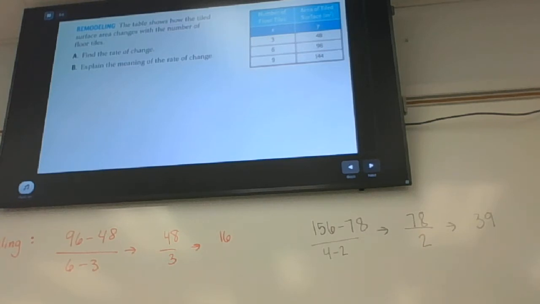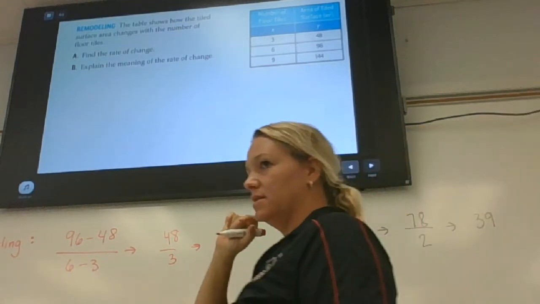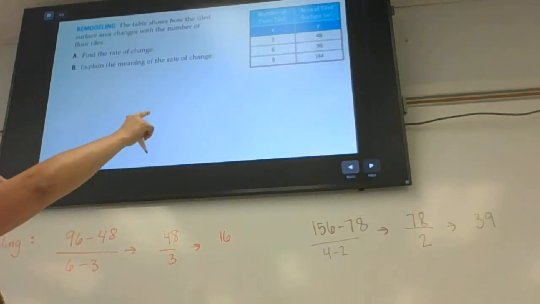What does it mean? No, more than that. Let's use the words. I'm looking for somebody else. I haven't heard from Logan today. Haven't heard from Benjamin and Thomas today. One of you three. Let's hear it. What does it mean? What do the y's represent? Area of tiled surface.